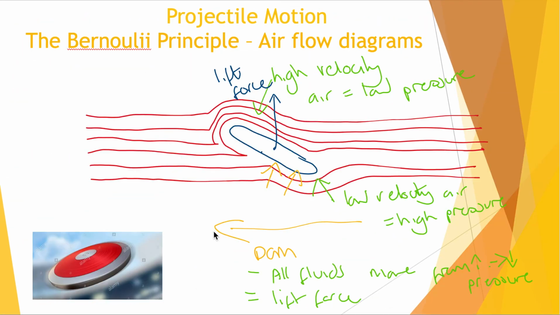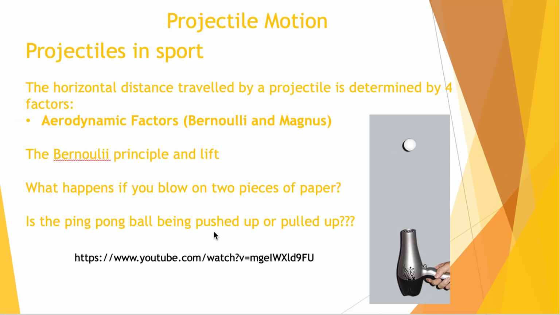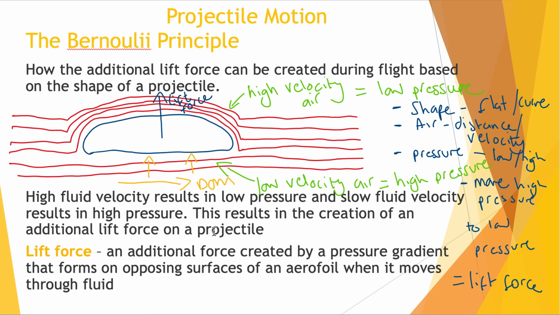Key things here then to really take away from this lesson are the idea of an airflow diagram, and that we use close together arrows or lines to show high velocity, and far apart lines to show low velocity. Where the air has to travel further, it's going to travel at a higher velocity to meet that same particle of air at the other side.